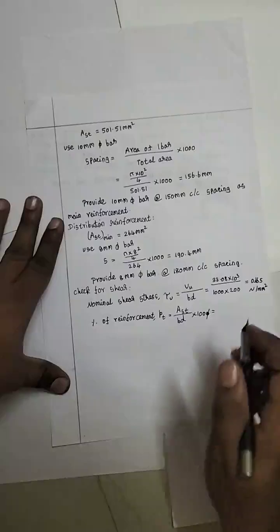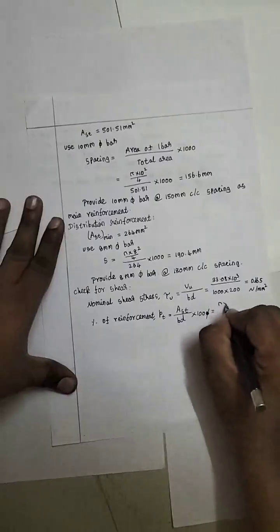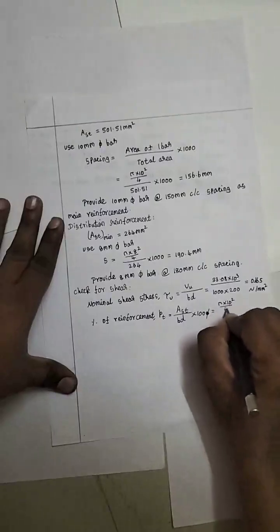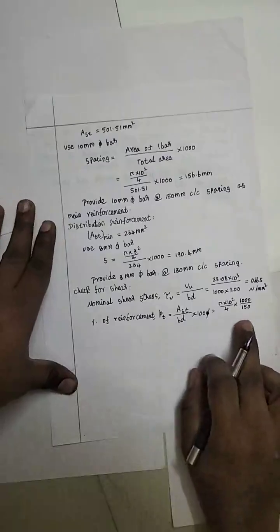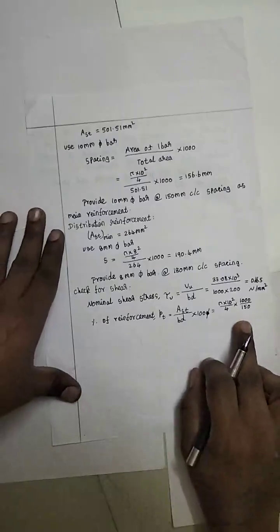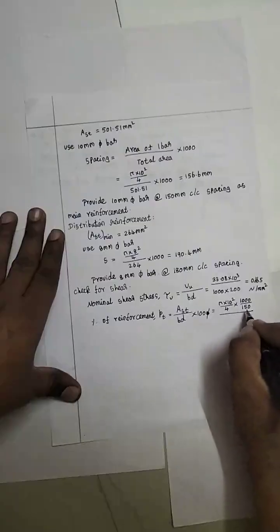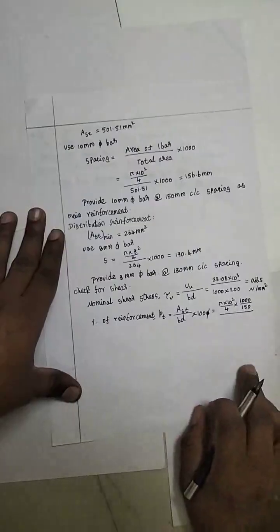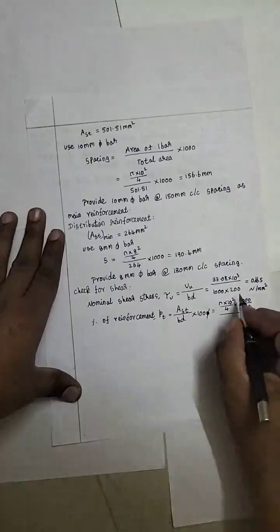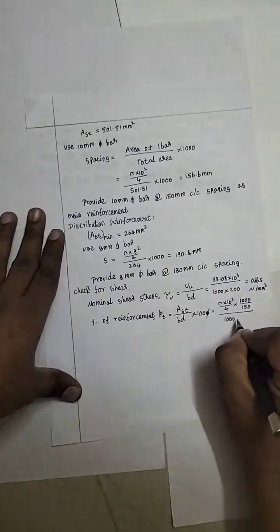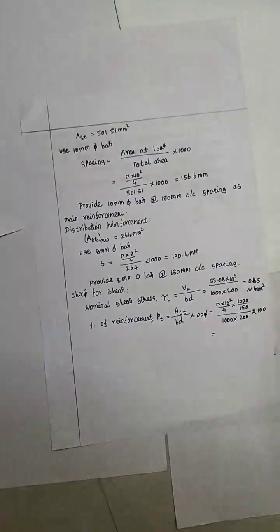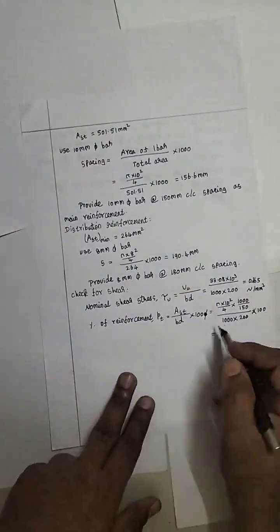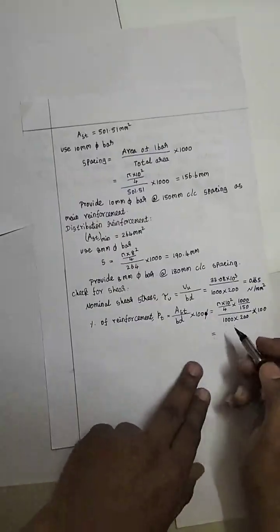The AST value is pi into 10 square divided by 4, and in 1000 mm I am providing the rods at 150 mm spacing. So 1000 divided by 150 gives the number of bars in that 1 meter span, divided by B is 1000, D is 200, into 100. The value which we are getting is 0.26 percent.